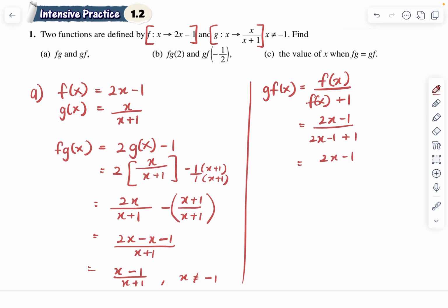So 2x minus 1, negative 1 plus 1 is 0. So divide by 2x. Here also we must write the condition, because the denominator has an x. Whenever the denominator has an x, you must write the condition. So in this case, how to make the denominator 0? When x is 0, because 2 times 0 will get us 0. So the denominator cannot be 0, therefore x cannot take 0.